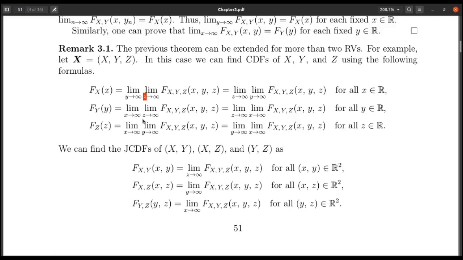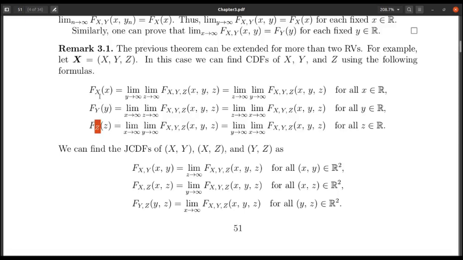Similarly, if I try to find out the cumulative distribution function of y, I need to take the limit with respect to x and with respect to z. Obviously, order does not matter. You can change the order of the limit. Same thing happens for z.